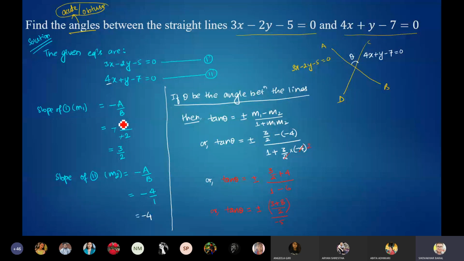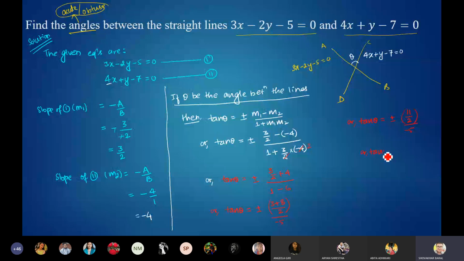Let me check it. The slope is 3 by 2. Yeah, it is minus 4. So 3 by 2 minus minus 4, it is 3 by 2 plus 4, m1 minus m2 by 1 plus m1 into m2. m1 is 3 by 2 and m2 is minus 4. 2 and 2 cancel. 3 to the 6. So 1 minus 6 is minus 5, so it's okay. Or tan theta is equals to plus minus 11 by 2 whole upon minus 5.